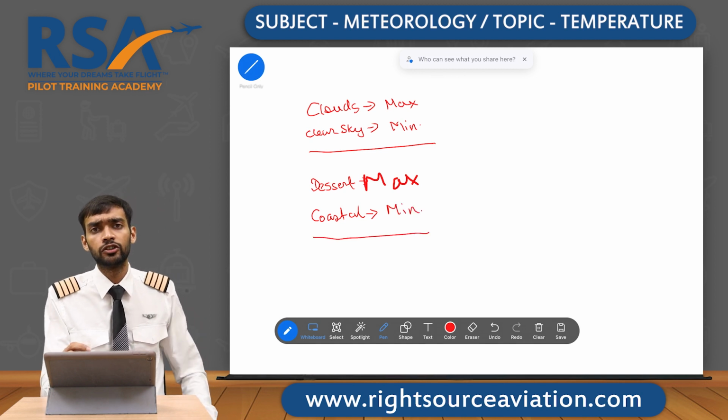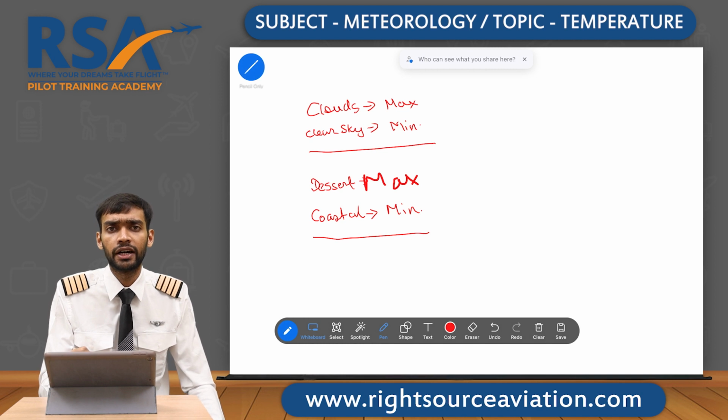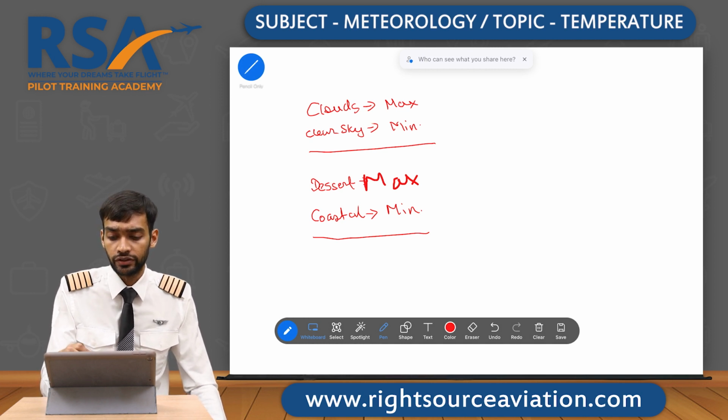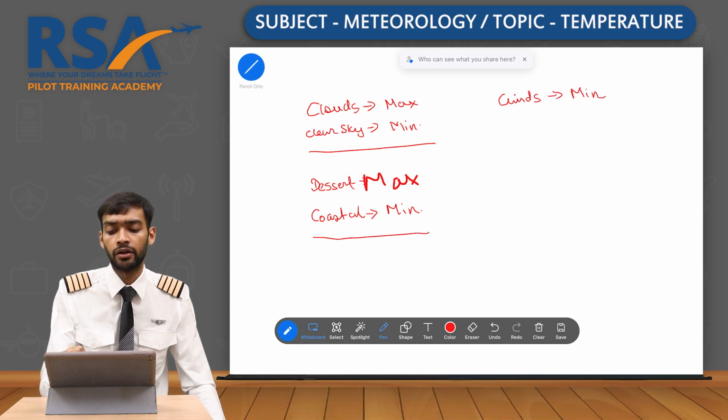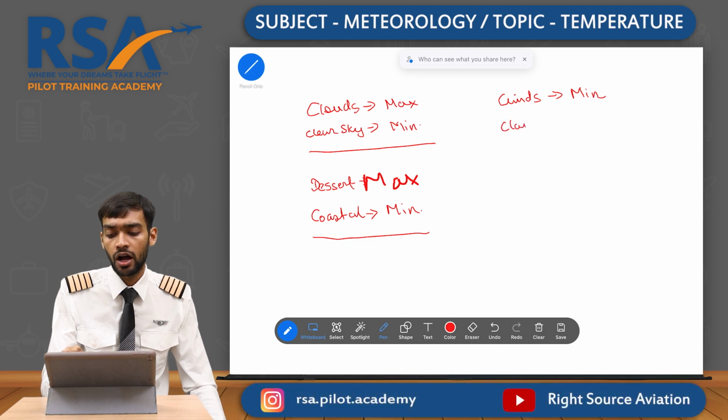Any other guesses where we will be able to identify the change in temperature? That is winds. If winds are blowing, then minimum change will happen. Calm winds, maximum diurnal variation of temperature will happen.